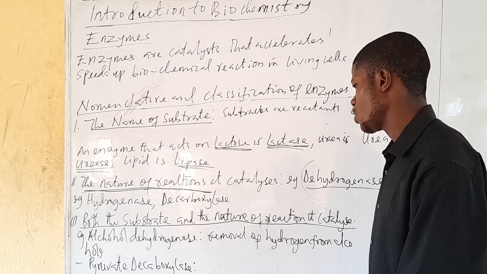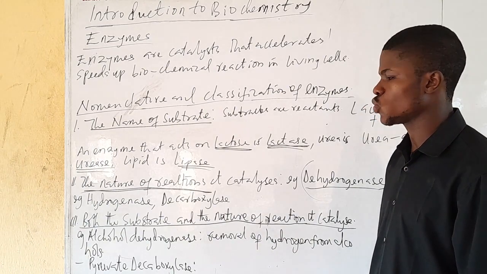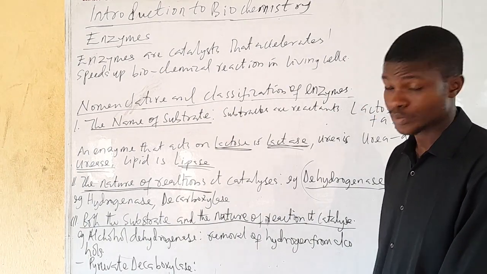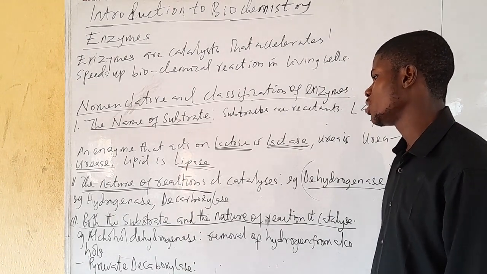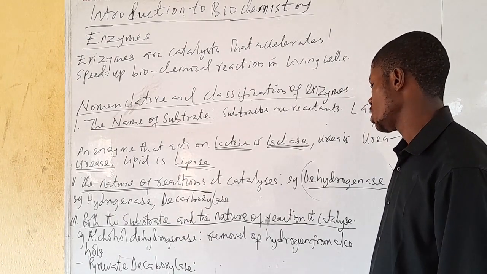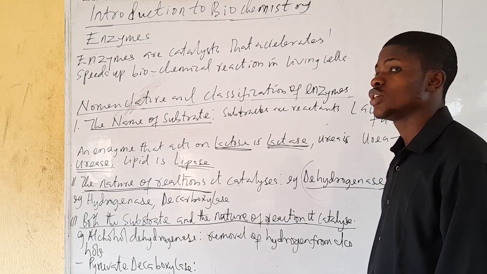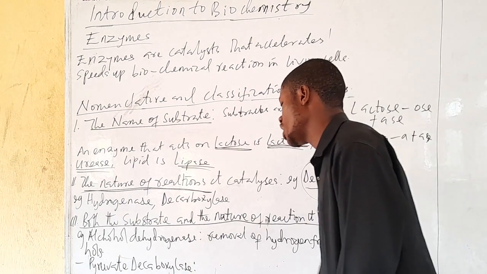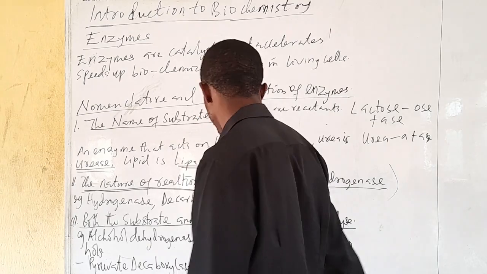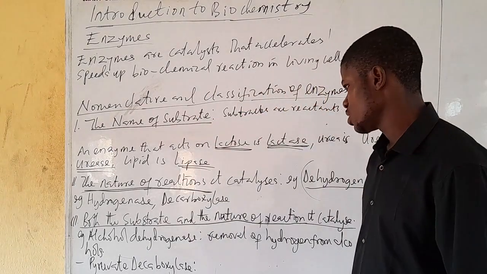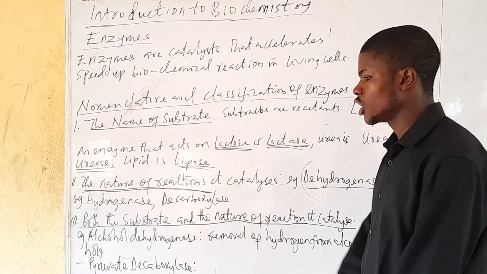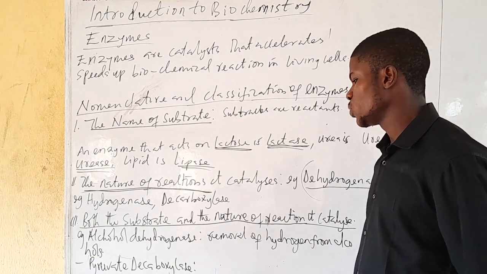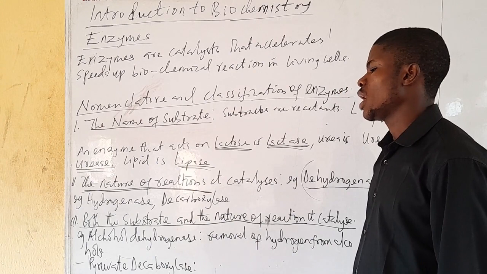And when you are able to answer it very well, it will earn you much marks. Example of this is alcohol dehydrogenase. These are enzymes that remove hydrogen from what? Alcohol.